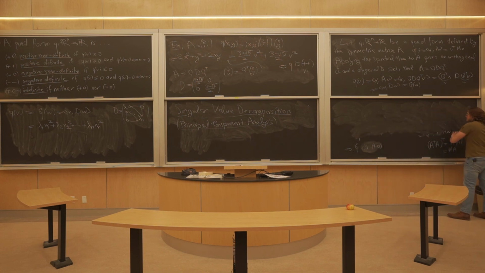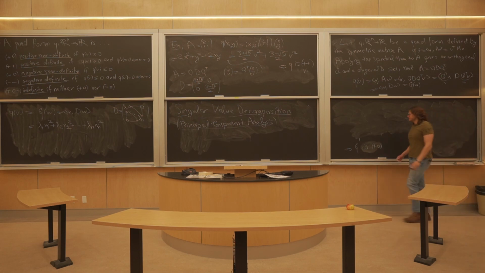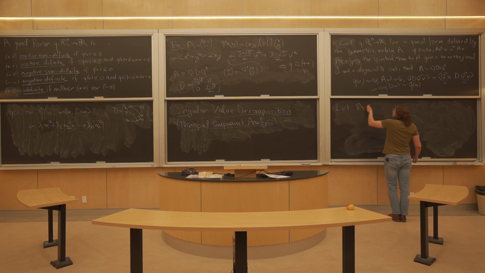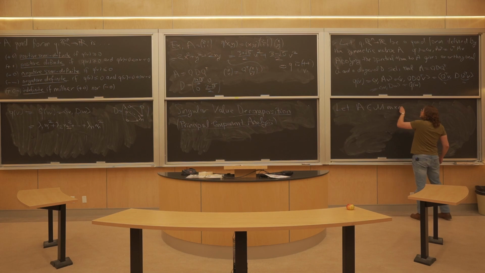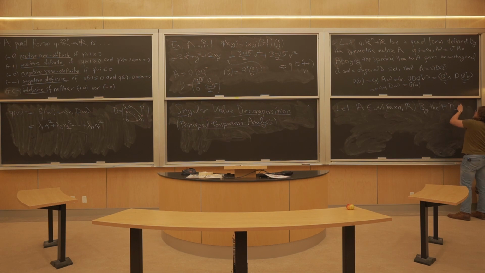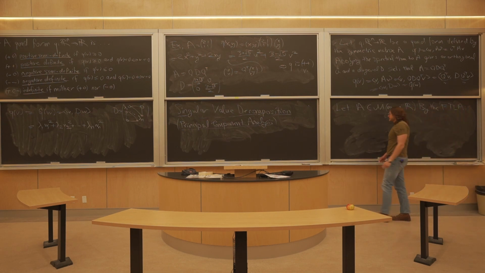By the fundamental theorem of linear algebra, we have this column space, null space, and so on. And these are orthogonal spaces. So let me just draw it, perhaps.